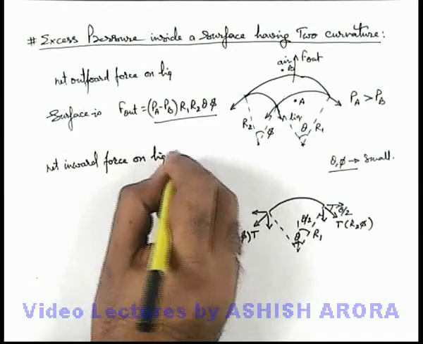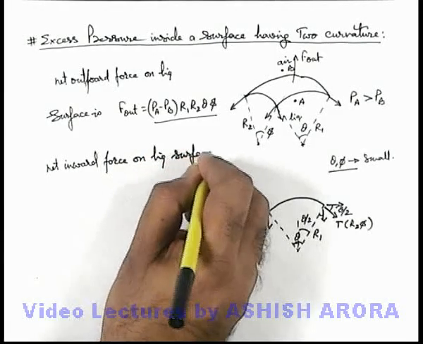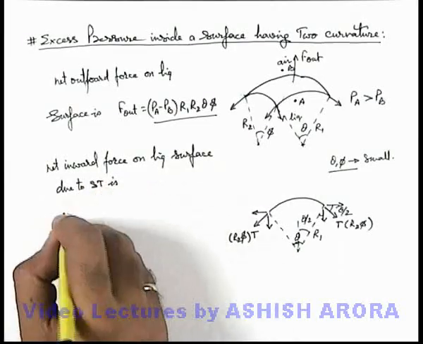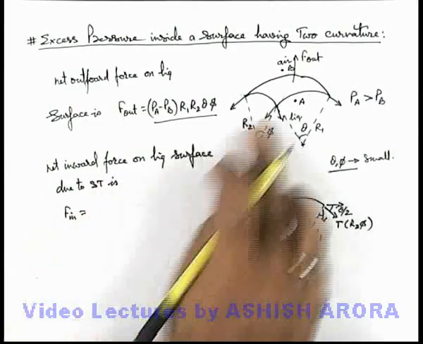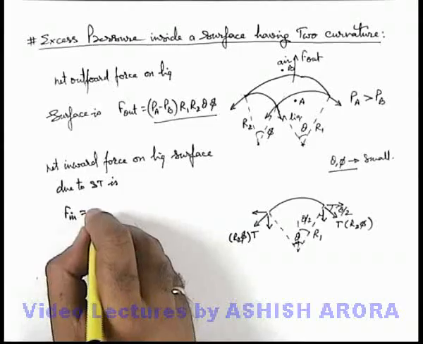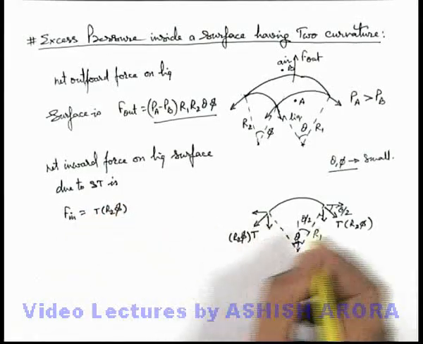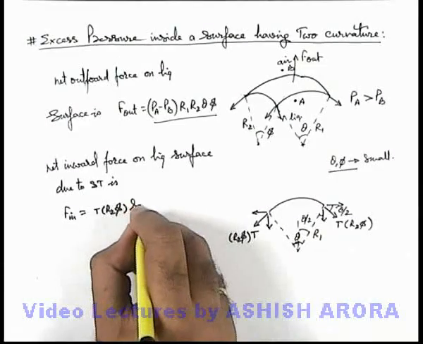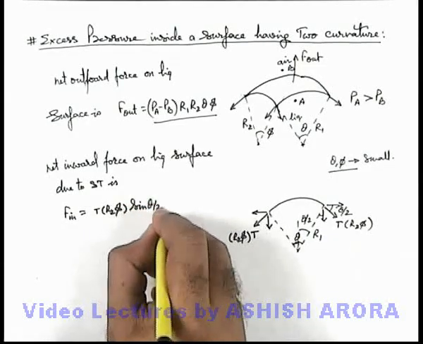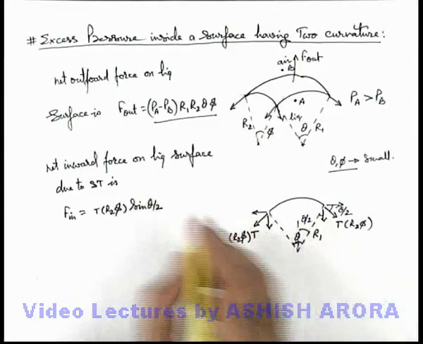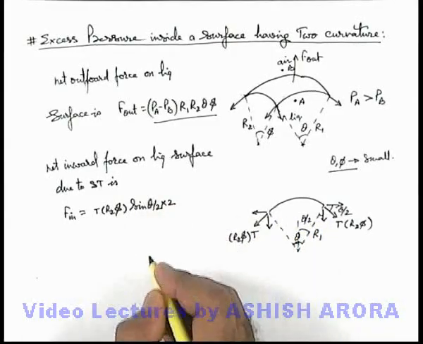So the net inward force on the liquid surface due to surface tension, on one side, we can write as T into r2 phi multiplied by its vertical component, sine of theta by 2, and since it acts on both sides, it must be multiplied by 2.